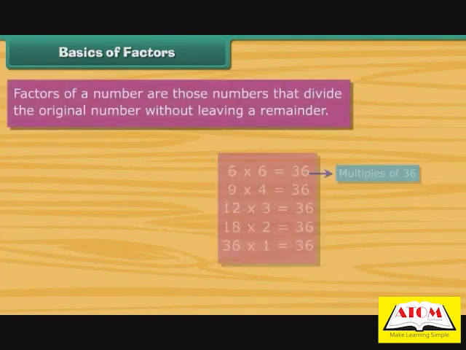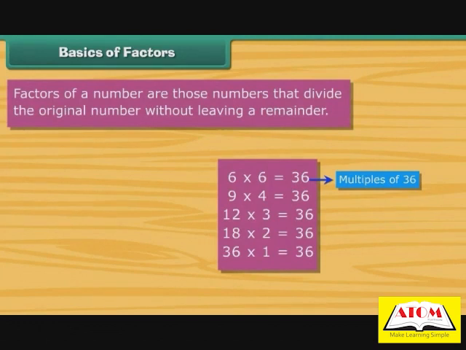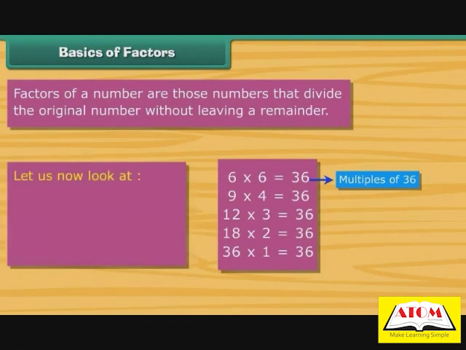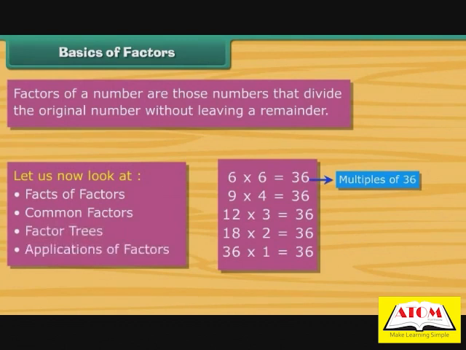Factors of a number are those numbers that divide the original number without leaving a remainder. In order to understand factors better, let us now look at facts of factors, common factors, factor trees, applications of factors. Let us learn them one by one in detail.